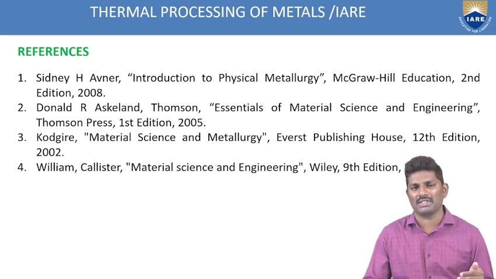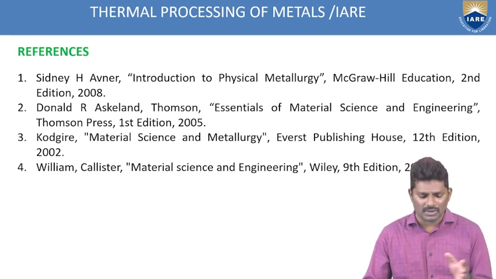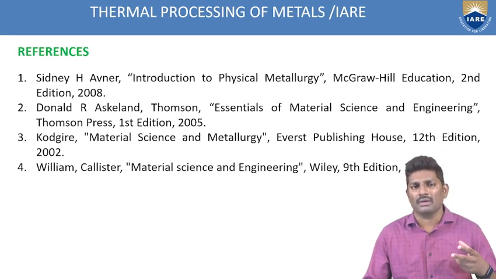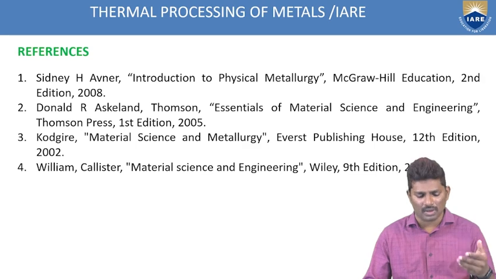These are some of the references where you can get all the information we discussed in today's class. So it is very easy for us to differentiate the microstructure. By seeing the microstructure, it is very easy to differentiate with respect to the composition, what type of material, what type of microstructure, and how much percentage of ferrite is there with respect to pearlite. All these things can be.